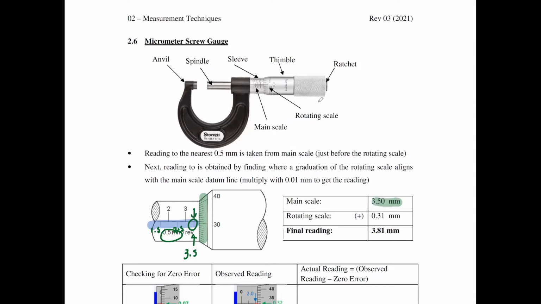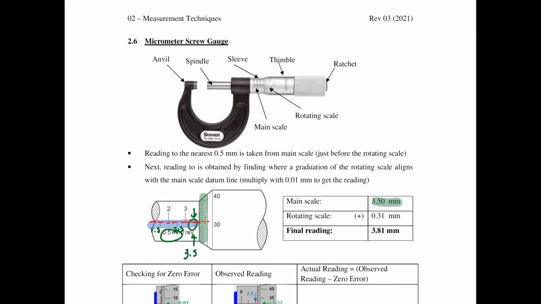Then after that, you read the rotating scale. Now, when you want to read the value on your rotating scale, you need to see what is the value on the rotating scale that matches the main scale line. Okay, there's a main line here for your main scale.